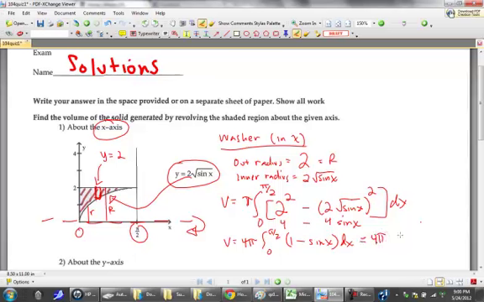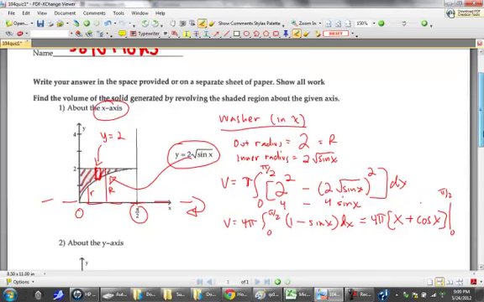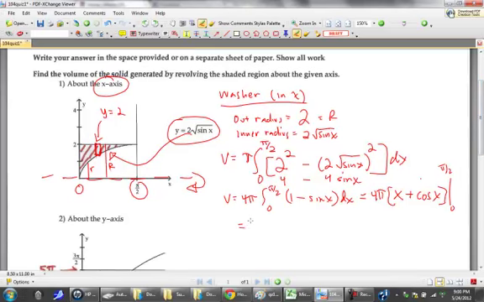Keep the 4 pi outside. Antiderivative of 1 is x. What function has negative sine x as its derivative? Cosine x. And we evaluate from 0 to pi over 2. Still have the 4 pi on the outside. We put in the pi over 2. Cosine of pi over 2 is 0.